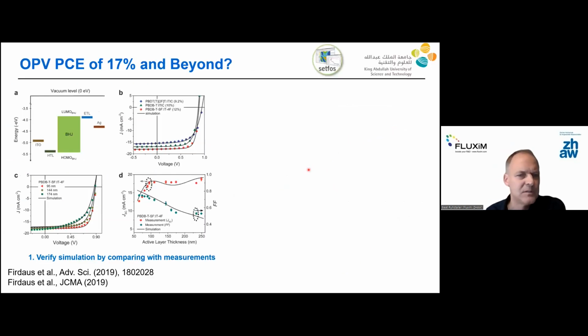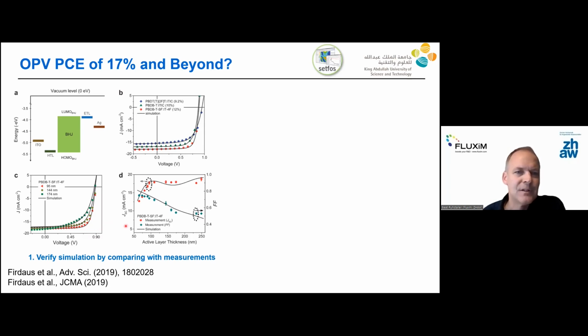And now just recently, or let's say 10 years later, a research group in KAUST also did a similar thing. They tried in a first step to fit the measured data of this bulk heterojunction OPV with a non-fullerene OPV with a rather high efficiency of more than 17%.